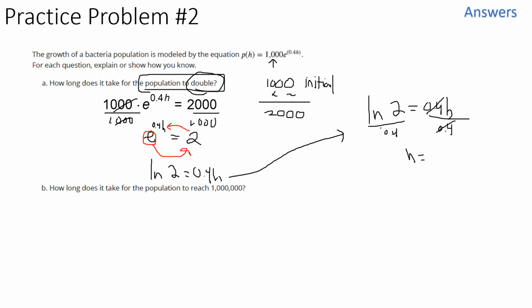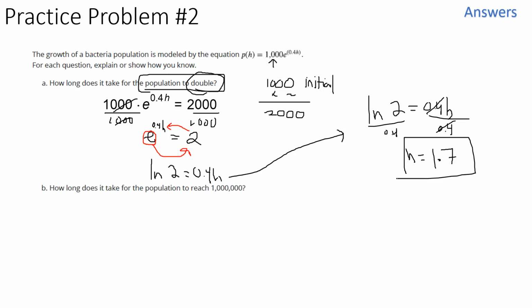So 1.7 is your answer, which basically means that it is going to take 1.7 hours for the population to double. Okay, 1.7 hours for the population to double. Hopefully you guys got that one right.